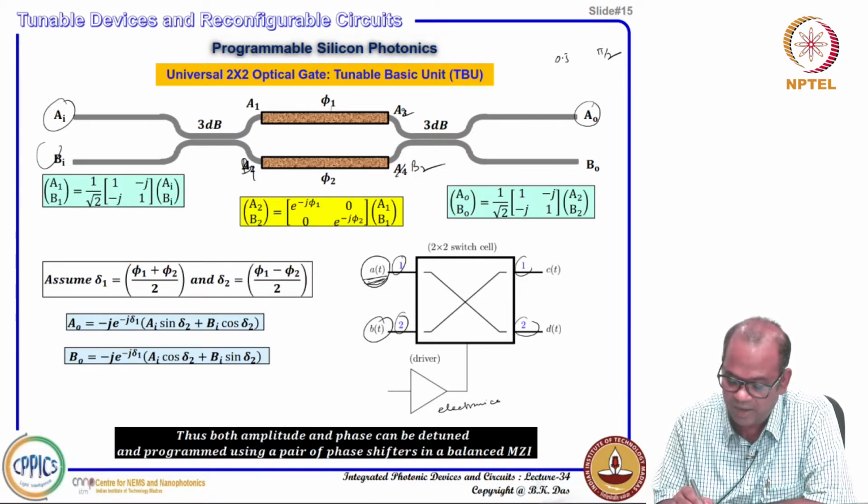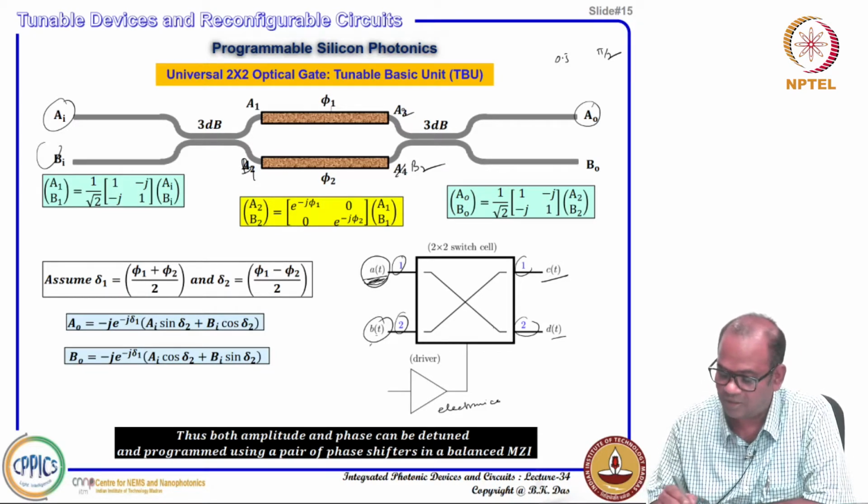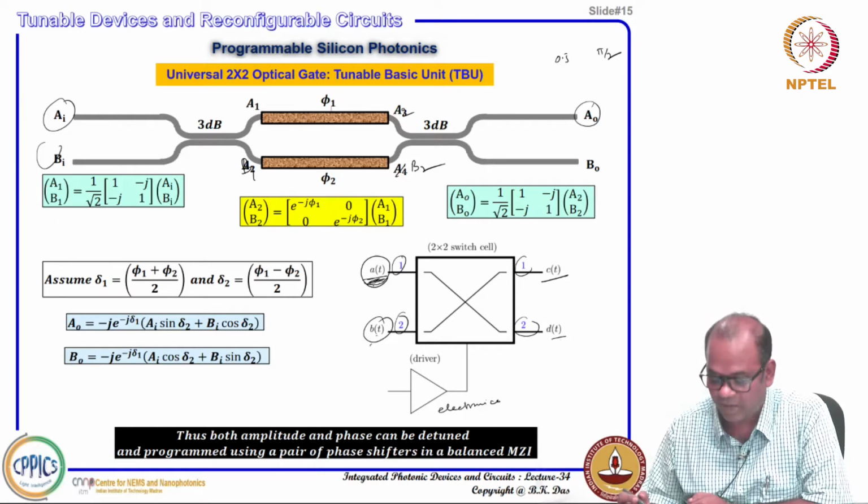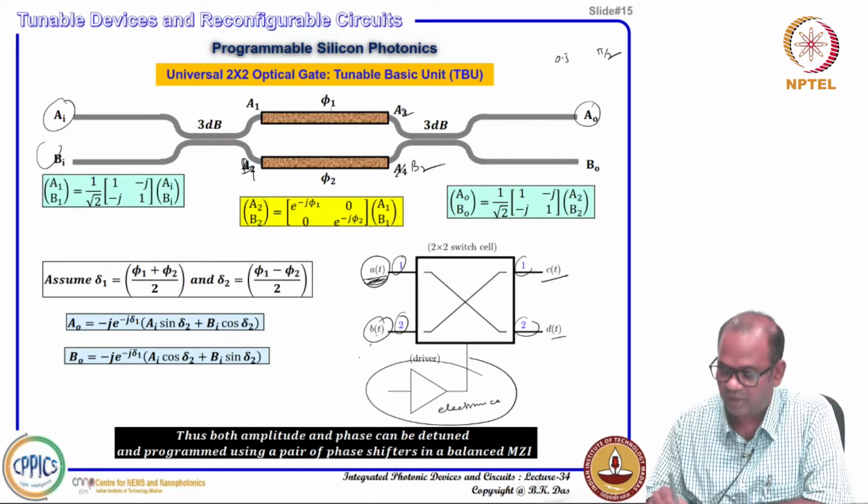You can have signal A partly in C t and partly in D t, signal B also partly in C t and partly in D t. So, you can mix any combination of these two signals at any instant of time by programming this electronic driver circuit.